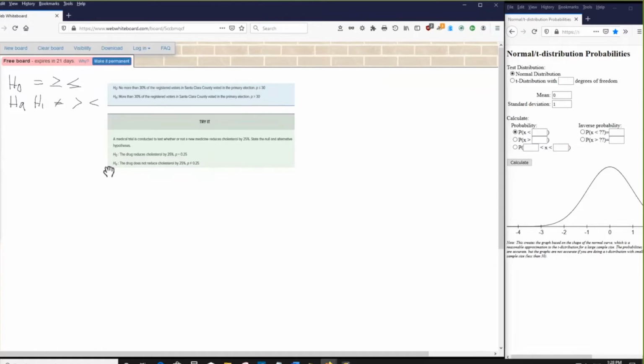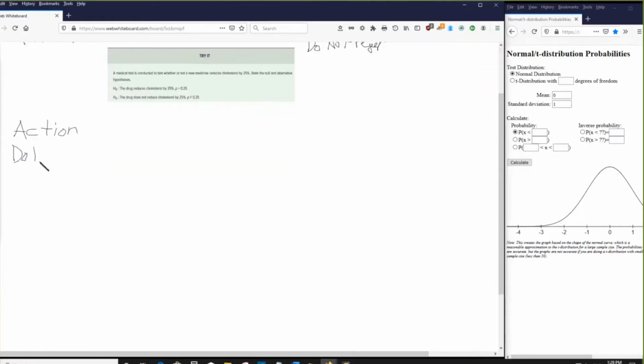Now, there are 4 possible outcomes depending on the actual truth of the hypothesis and the decision to reject or not reject. So let's look at what those might be. My 2 actions are do not reject the null hypothesis and reject the null hypothesis.